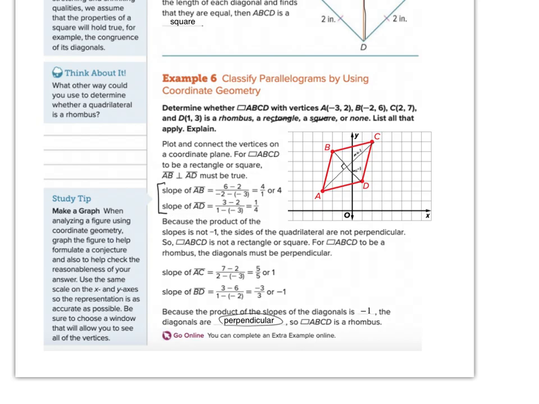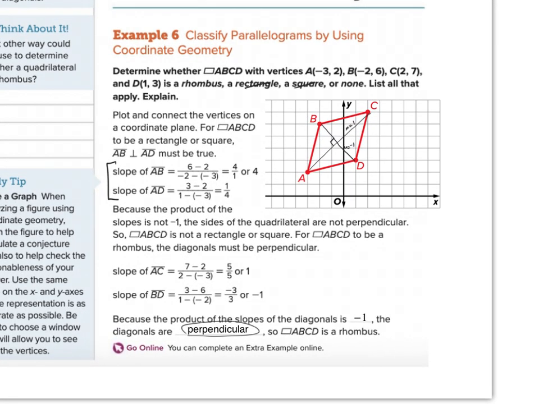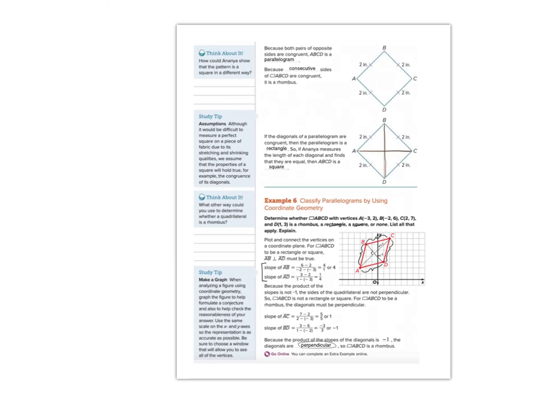I want to make sure that this length is the same as this length, which is the same as this length, which is the same as this length. That's another thing that's going to be important for determining if something's a rhombus or not. So there you go. And with that, we are going to go ahead and now explore rhombi and squares.